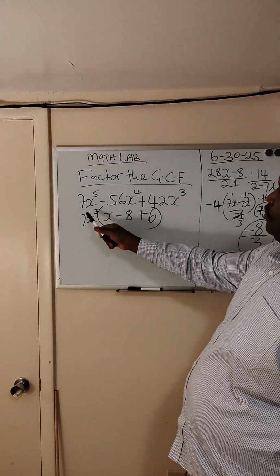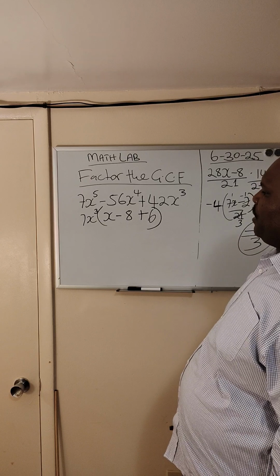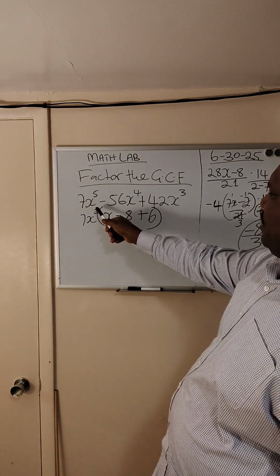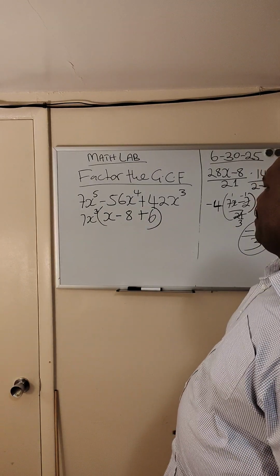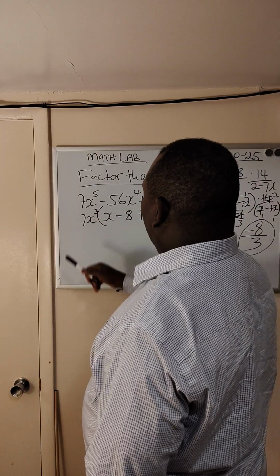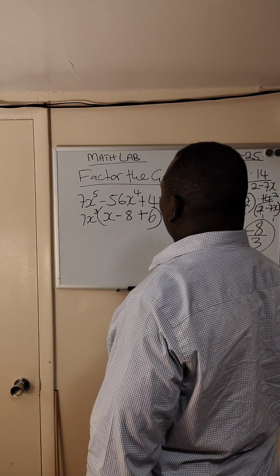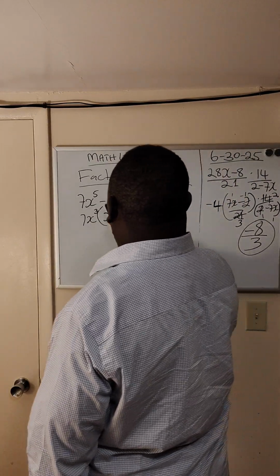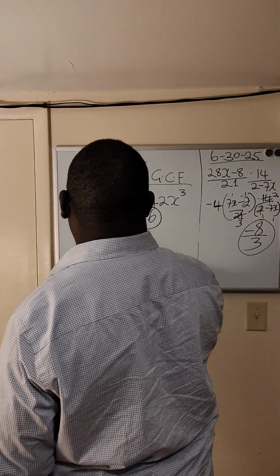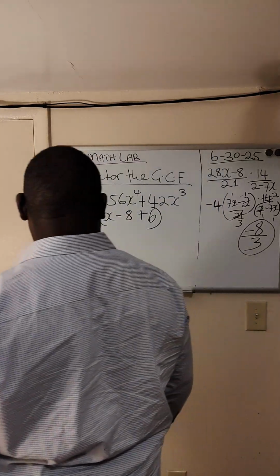You can see this is saying 7x to the power of 5, but now we have 7x to the power of 3, and then the exponents: 5 minus 4 is 1, and this one right here would give us 3, so 4.